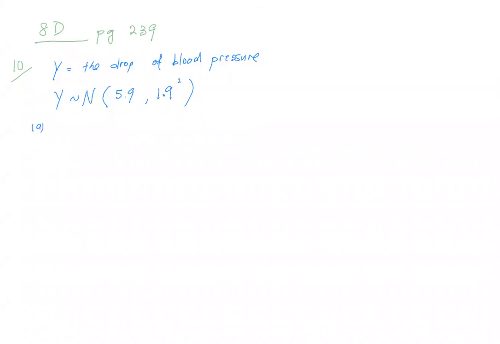So find the percentage of people who show a drop of more than 4 units. So probability Y is more than 4 units.